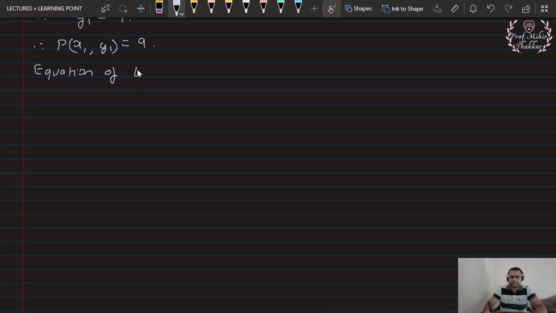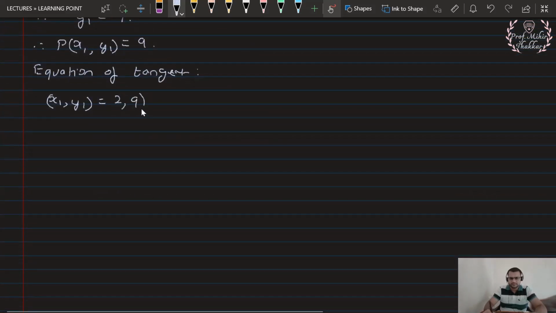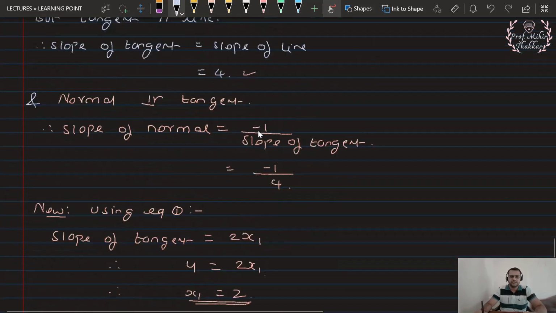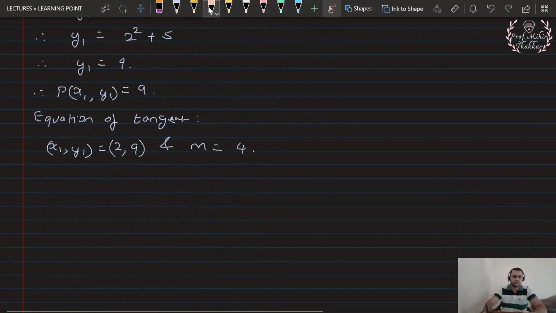equation of tangent and also the equation of the normal. (x1, y1) is equal to (2, 9), and the slope of the tangent that we had obtained is equal to 4, so I write m is equal to 4.